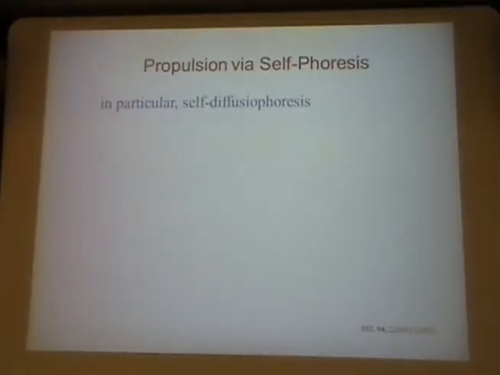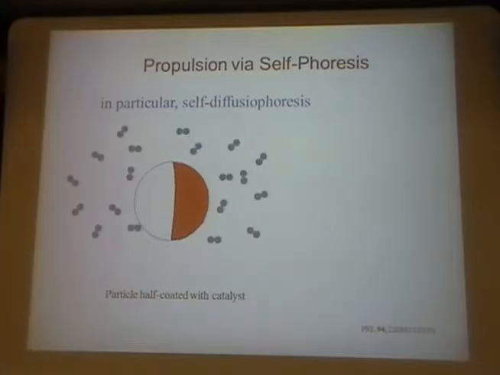What we wanted to do with this phoretic mechanism was basically use it to make something self-propelled. So basically you want to do self-diffusiophoresis, and to do that you can take a colloidal particle and half-coat it with, say, a catalyst, and then you put it in a solution with uniform concentration of a molecule that the catalyst breaks down.